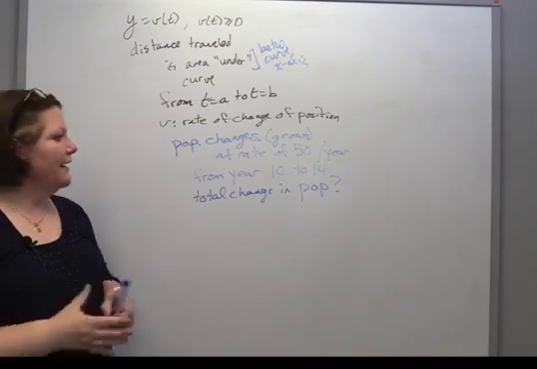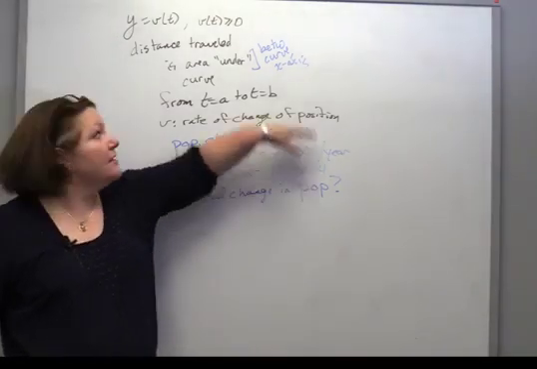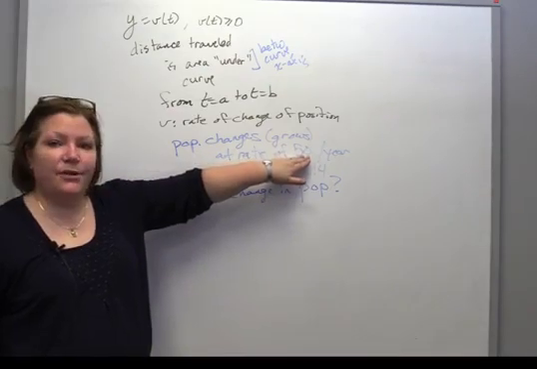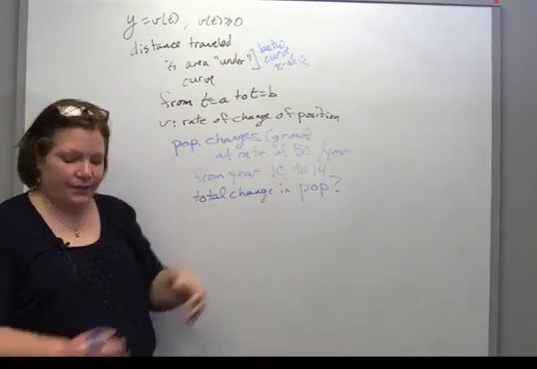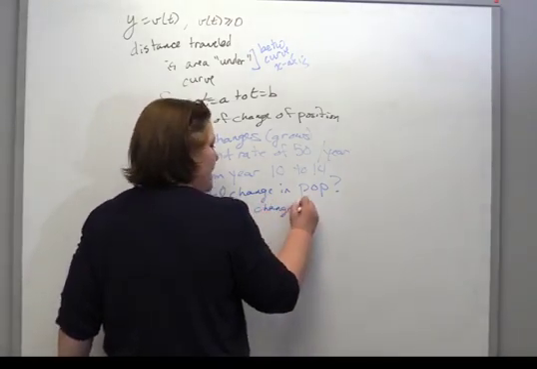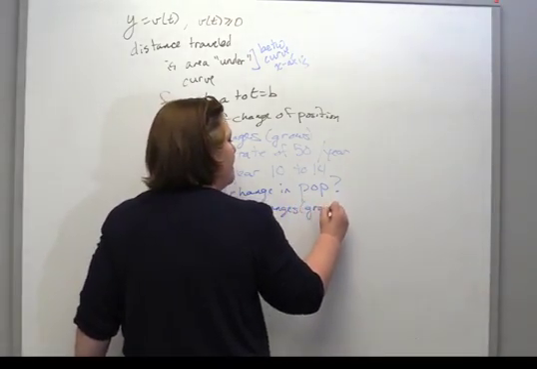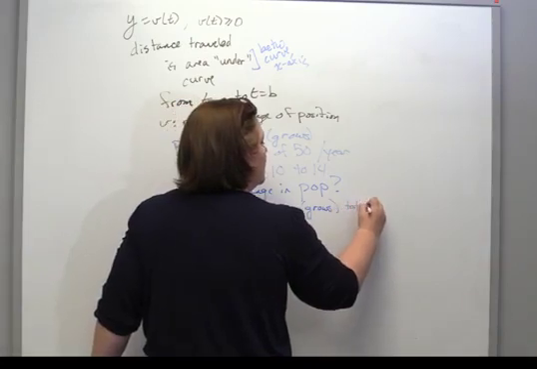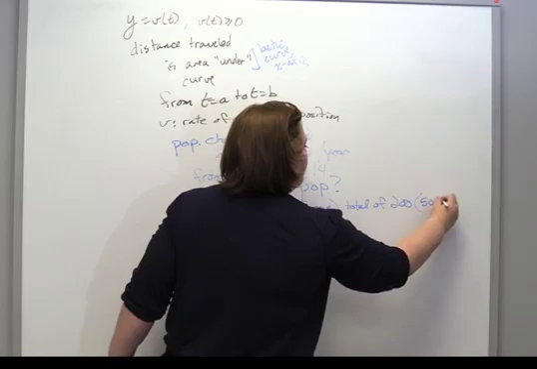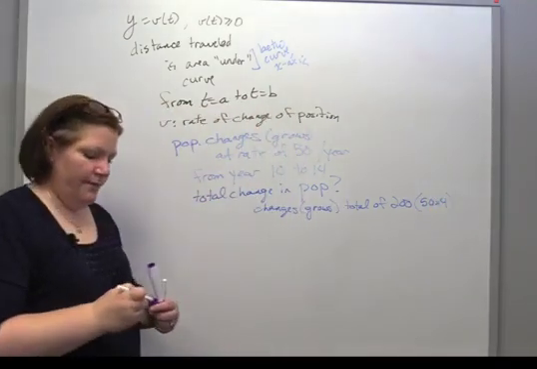Just like when we were talking about velocity being constant, for 50 per year for 4 years, we know that it grows by a total of 200. 50 times 4.